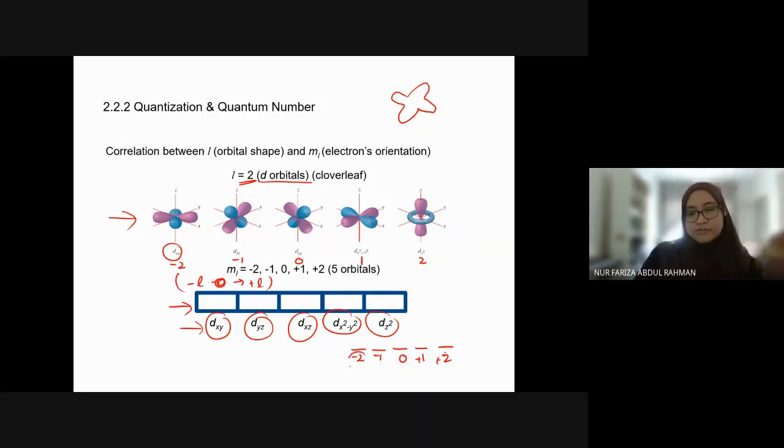So let's just use the ML value. As you can see, we have 5 orbitals, so 5 boxes, 5 rooms for electrons. So there should be 5 orbitals for d-shaped orbitals. These are the room numbers: -2, -1, 0, 1, 2.